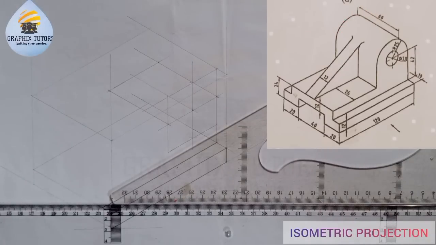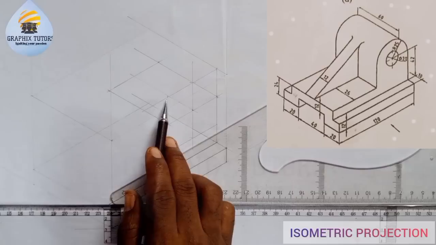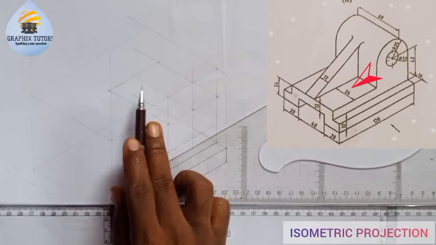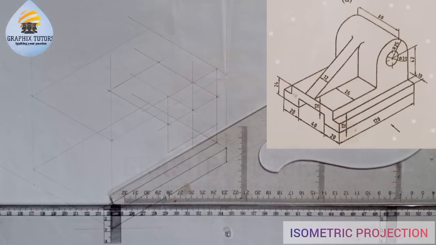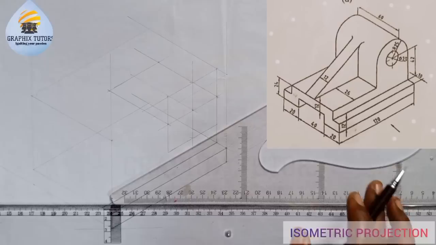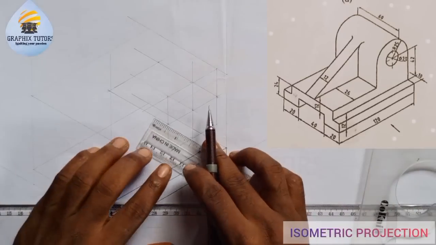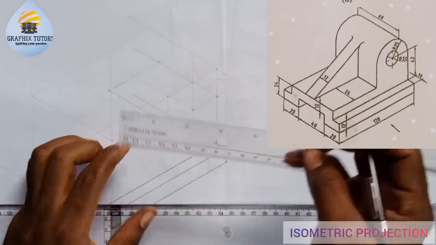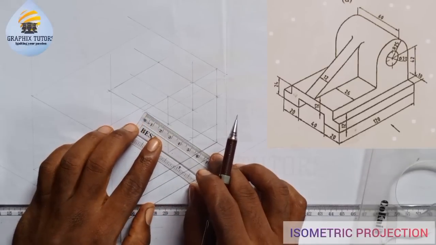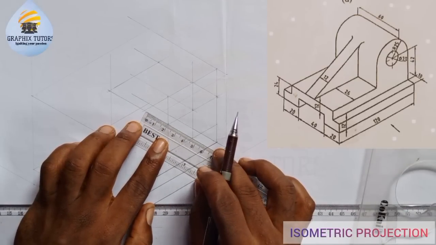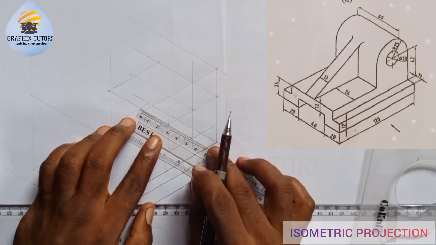So the first one will come 26 millimeters away from this, right? So let's do that and see. So from here we'll have 26 millimeters away from this. 26, 26, 26.